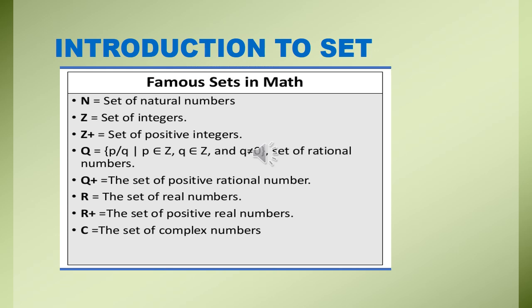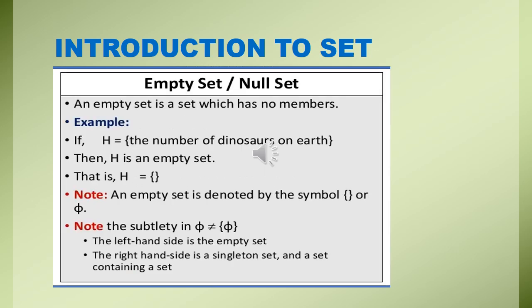So always remember, capital N stands for the set of natural numbers, Z stands for the set of integers, Z with the positive sign stands for the set of positive integers, Q stands for the set of rational numbers, and Q plus stands for the set of positive rational numbers, capital R stands for real numbers, and C stands for complex numbers. Clear? Good.